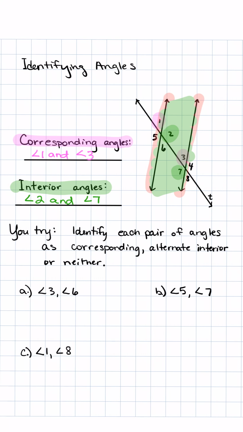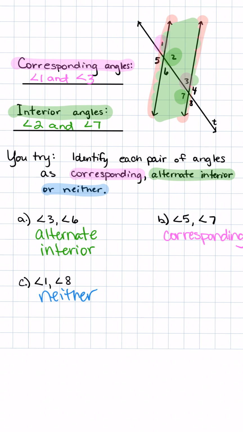So you try it. Identify each pair of angles as corresponding, alternate interior, or neither. Press pause, see what you can do, and then come back and see if you got them right. You should have got that angle 3 and angle 6 are on the interior, the inside, so they're alternate interior.